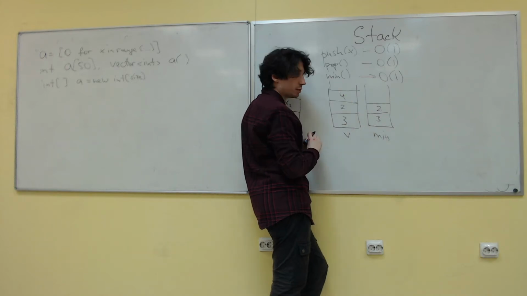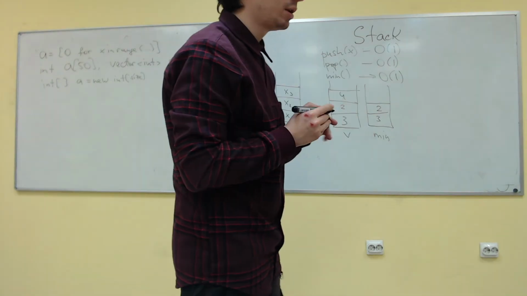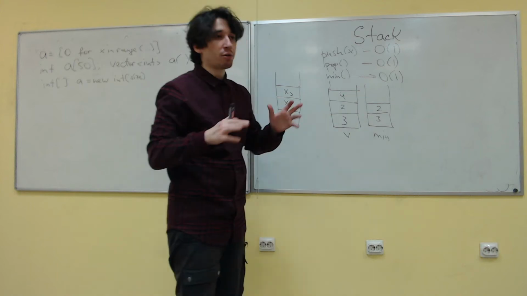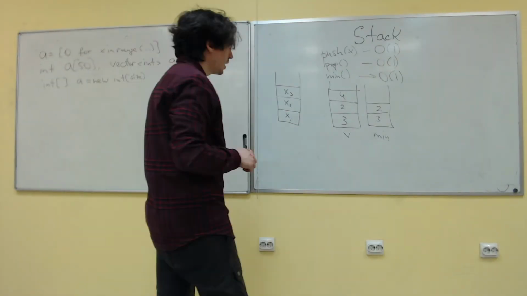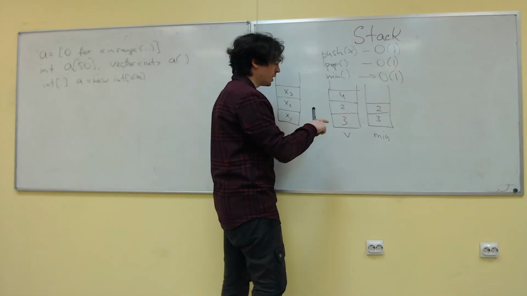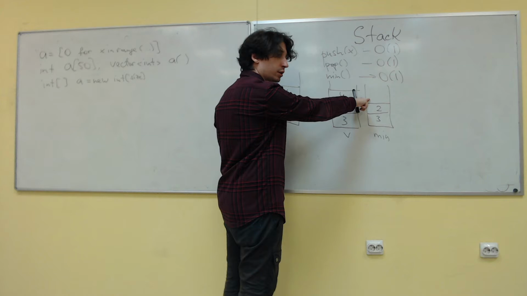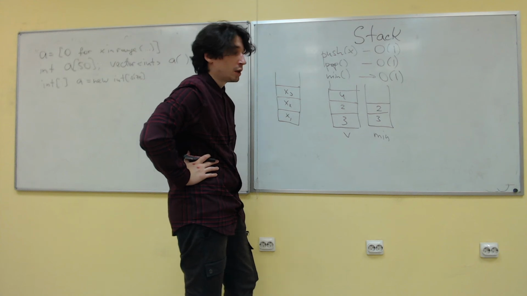What do you put in the minimum stack? I don't know. I mean, you're pretty close to the correct data structure. What should you put here, if you think about that? Also 2. Yeah, you should put also 2.